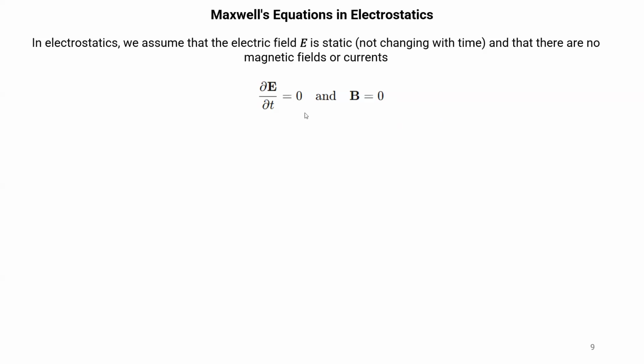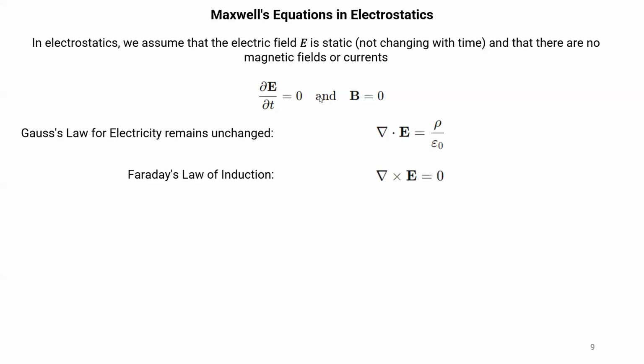So let us see how we can derive the equations of electrostatics. So this is the case of electrostatics, no change in time of electric field. So the first Maxwell equation stays unchanged, except for the fact that the electric field here is not a function of time, but can be a function of space, which is indicated by this equation.